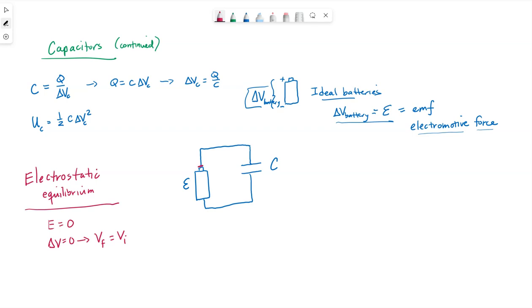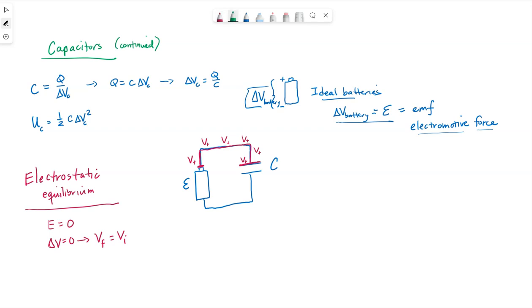So if I look at this positive terminal of my battery and the wire that it's connected to and the plate of the capacitor it's connected to, all of this, I'm going to call it V sub plus. All of this ends up at the same positive potential. Everything conductively connected.